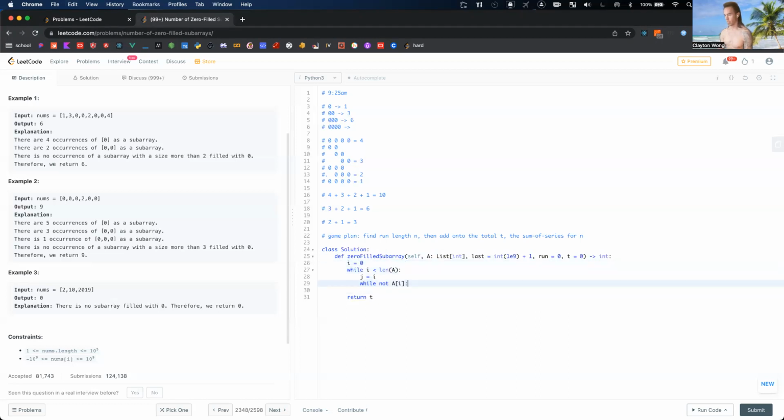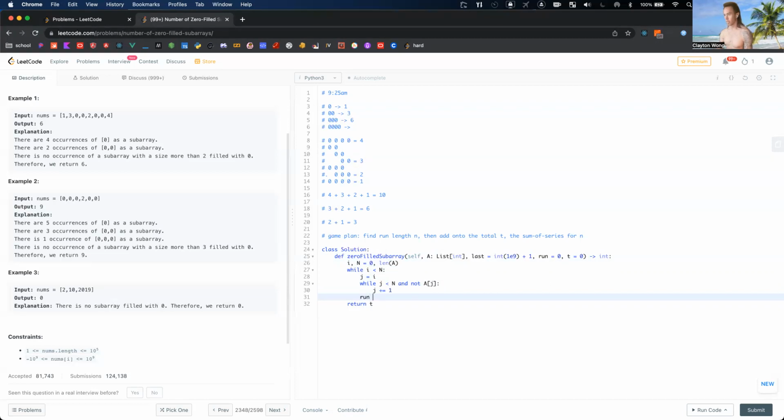While not a sub j. How about j is less than n. And okay, we do want this a couple times then. i is less than n. j is i. While j is less than n and not a sub j, j plus equals 1.